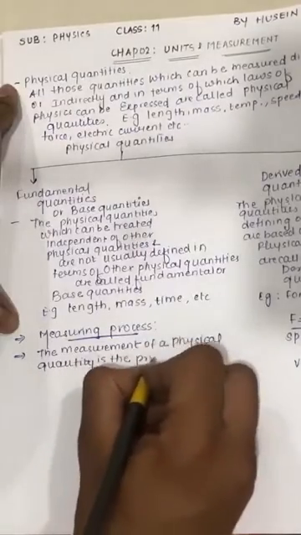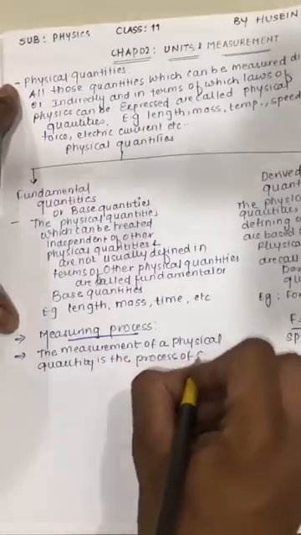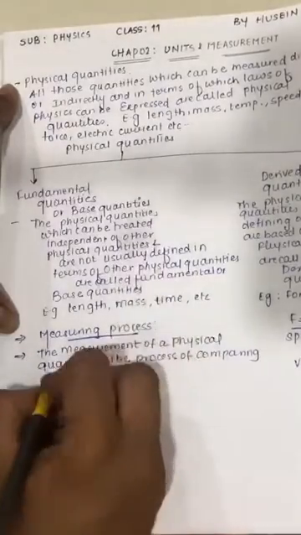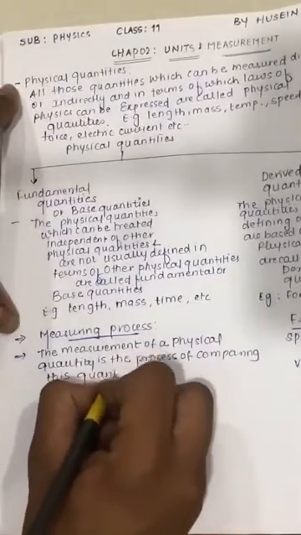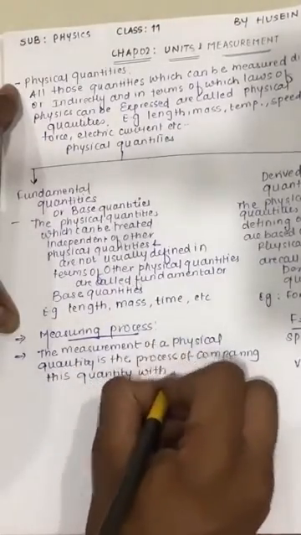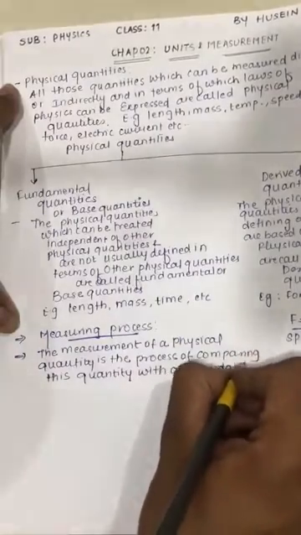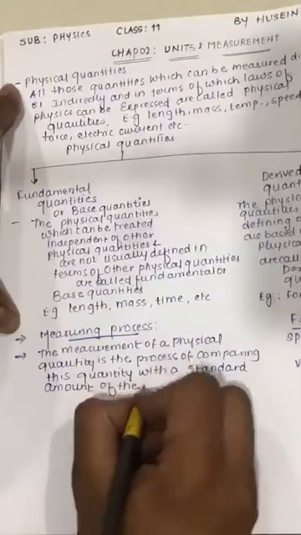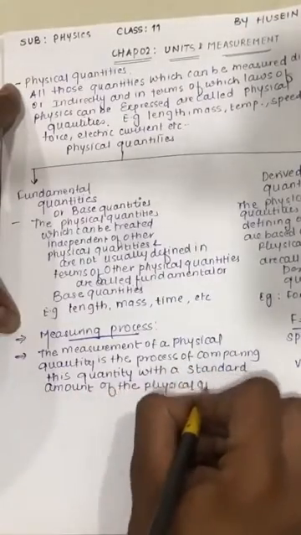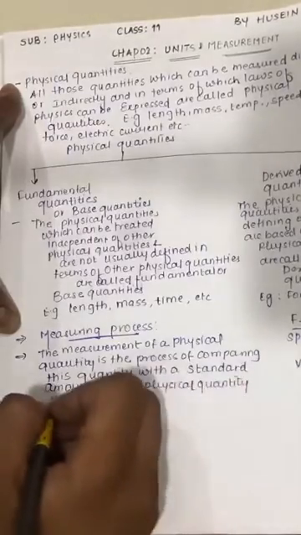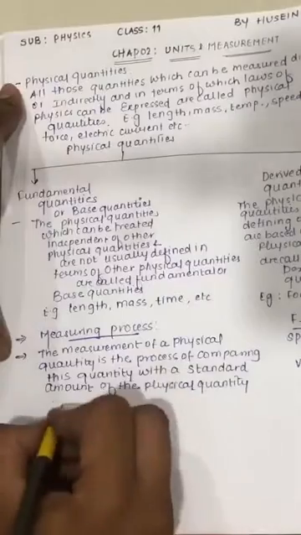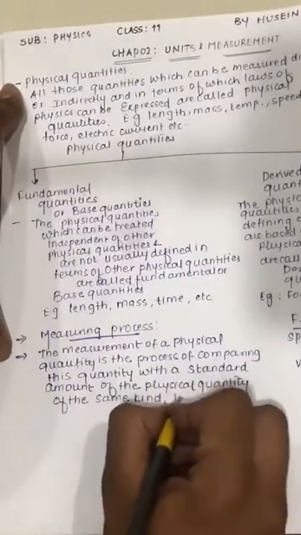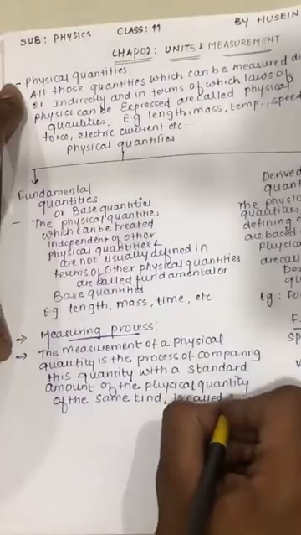It is the process of comparing this quantity with a standard amount of a physical quantity of the same kind, or the same unit, which is called its unit.